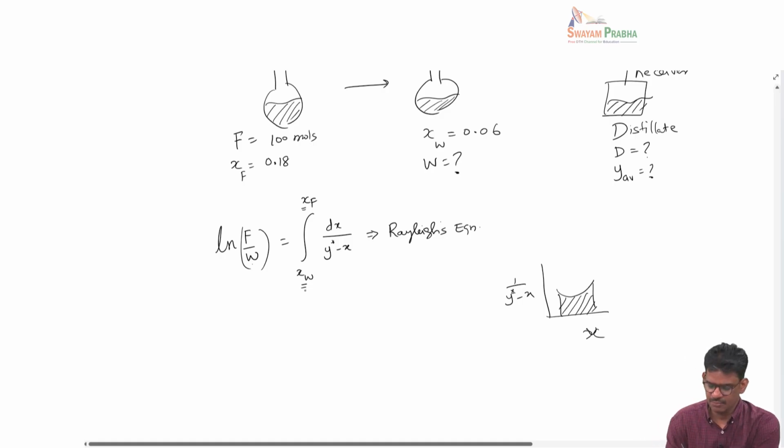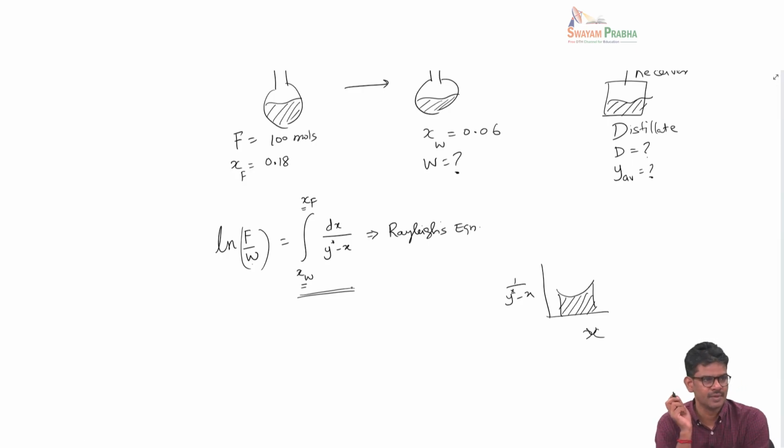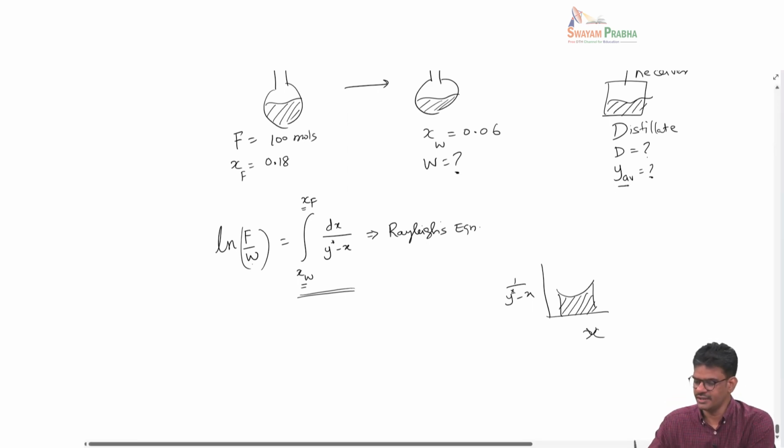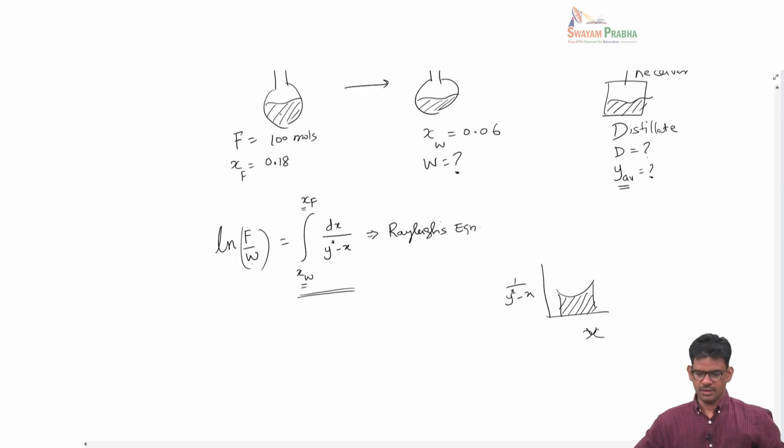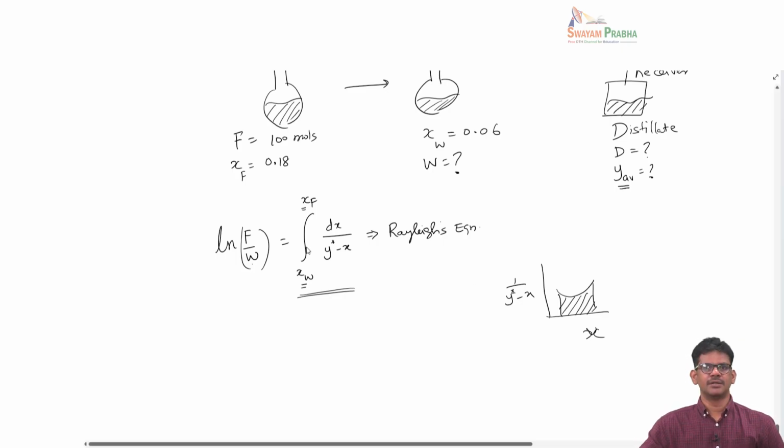Okay, so then we can obtain this right hand side, and from here we can solve for W. Once I know W, that's one of the questions. The other question is to find the average composite distillate composition, which again we can get from overall mass balance. So this has to be done graphically.